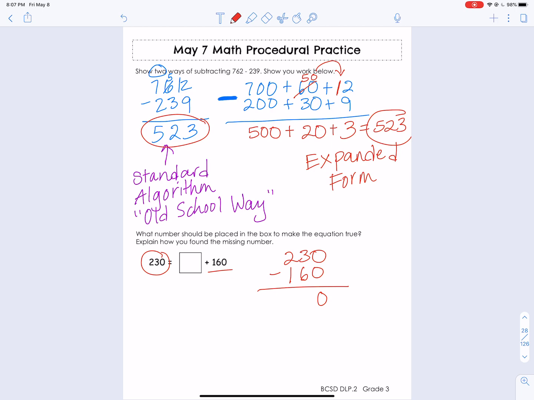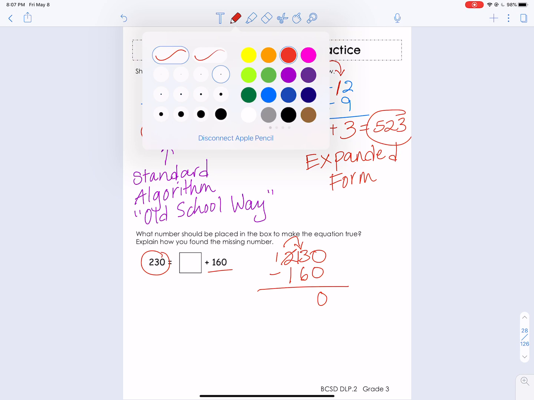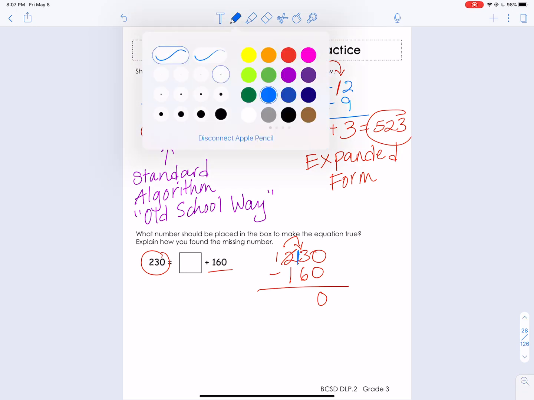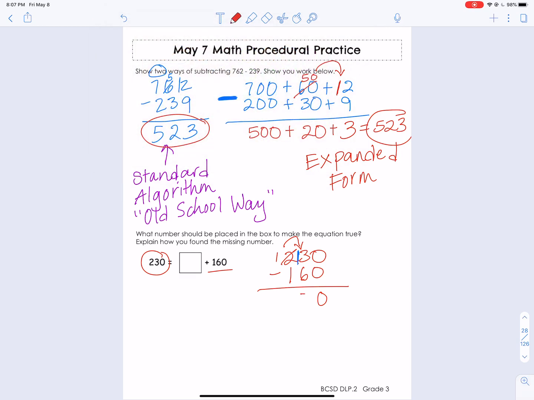I can't do 3 minus 6, so I have to go next door. I'm going to take that 100, put it over here, and that becomes 13. I'm going to use a different color just so that it's easier to see where that went. Okay, 13 minus 6 is 7. So my answer should be 70, because 1 minus 1 is 0.